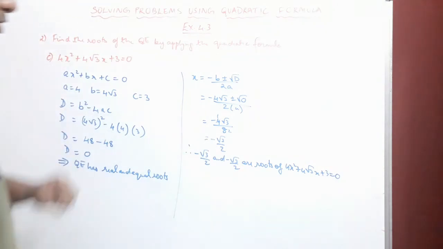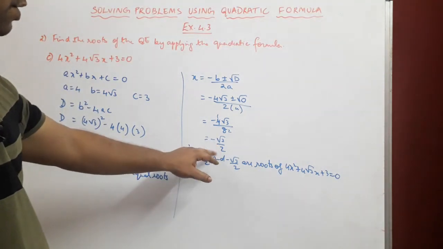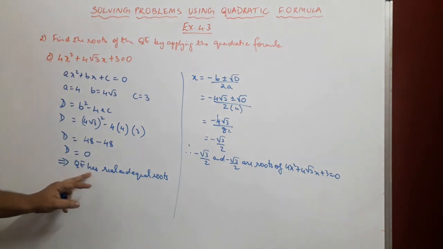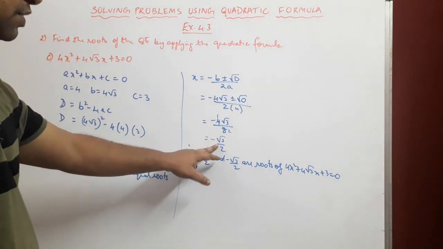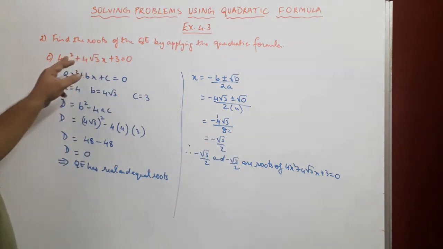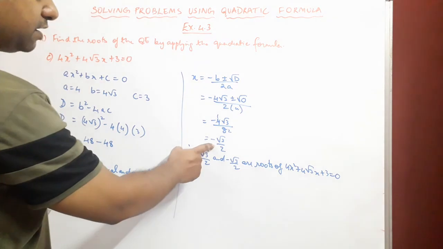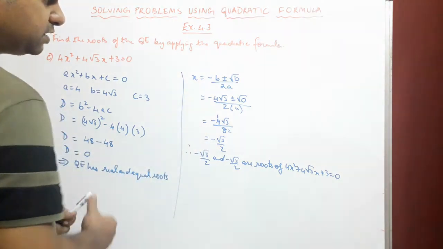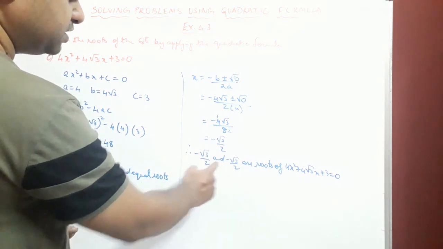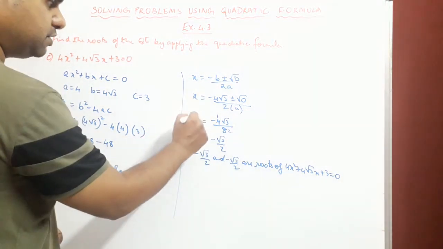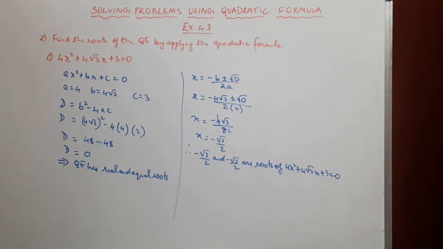The reason why I have written it 2 times though we got just one root is because we have mentioned over here that they are real and equal roots. Okay, that means this root gets repeated. Quadratic equations usually have 2 roots, and here the fact that we've got just one tells you that these are equal roots, so that they are the same ones. Okay, so x equal to minus root 3 upon 2.